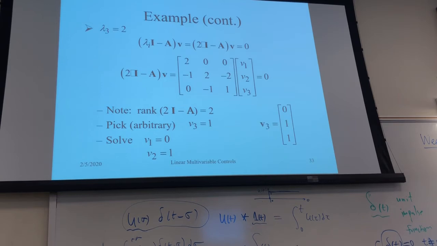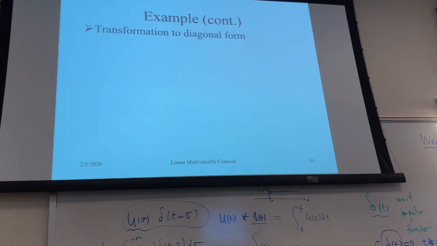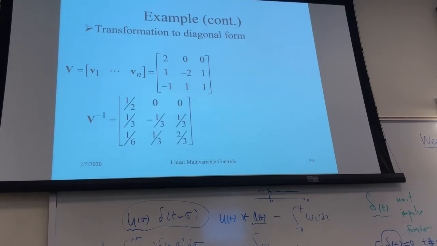So you have V1, V2, V3, and add them together to get the V matrix. And you get V inverse. Then V inverse A V gives you lambda, exactly this diagonal lambda 1, lambda 2, lambda 3.